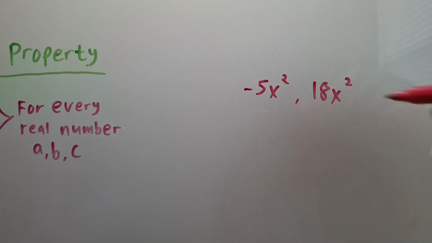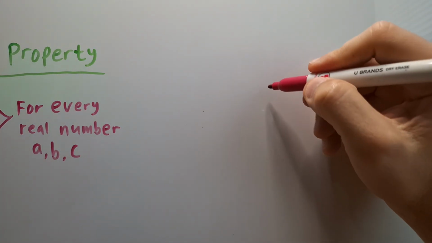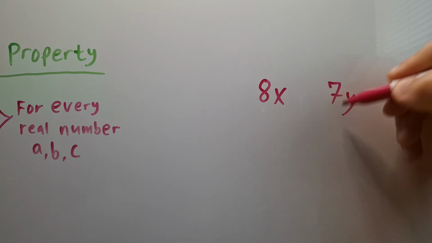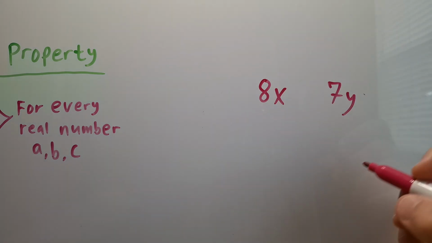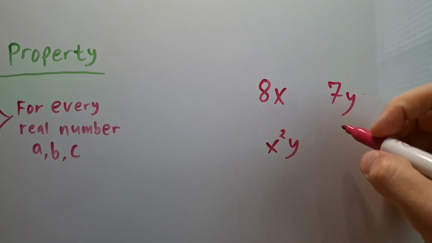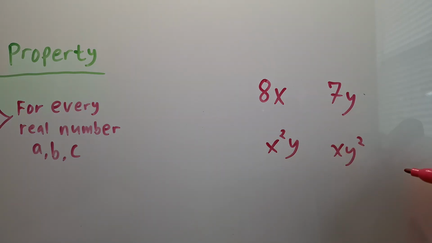Examples of some things that are not like terms: 8x, 7y, 2 different variables. Another example would be x squared y and xy squared.